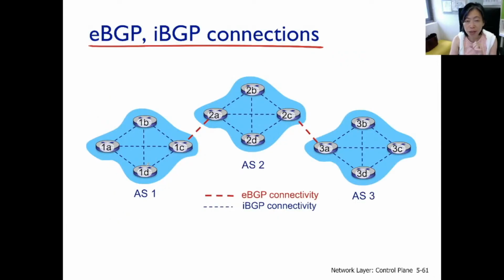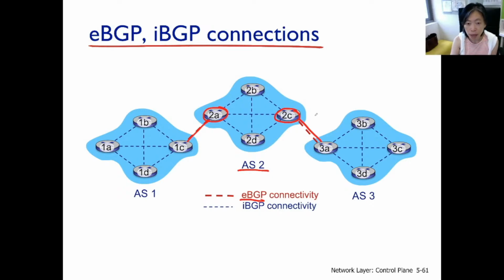And these are actually illustrated using this picture here. If we focus on AS2, we do have two gateway routers, 2A and 2C. You see these gateway routers connecting to other ASs, and there are exterior BGP connections to outside, so eBGP, in red color. But in addition to that, 2A and 2C both need to send path vectors internally.